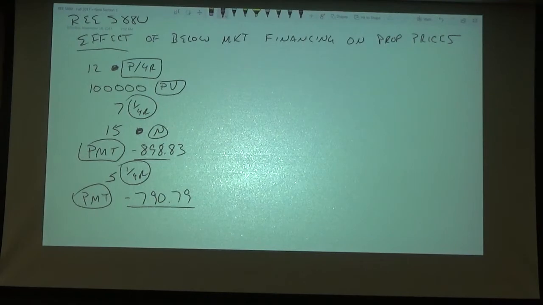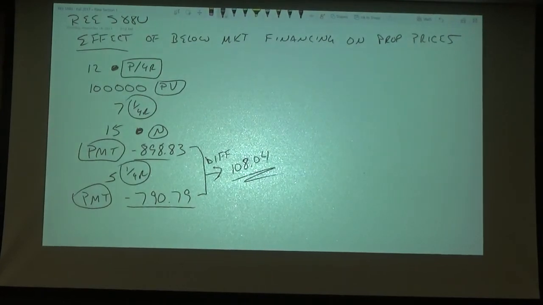All right, so now we've established what the difference is, but what we really want to look at is, what is going to be the actual difference there? So we'll just subtract one from the other. $108.04 is going to be the difference.